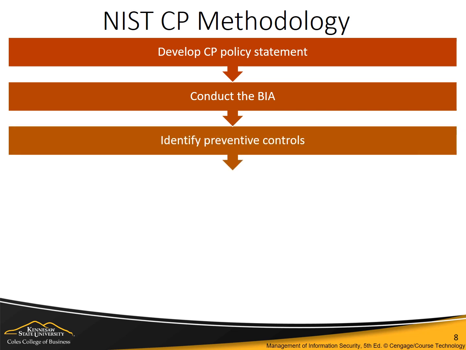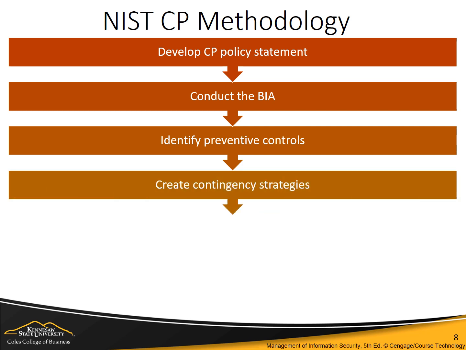3. Identify preventive controls. These controls are taken to reduce the effects of system disruptions. They can increase system availability and reduce contingency lifecycle cost. 4. Create contingency strategies.